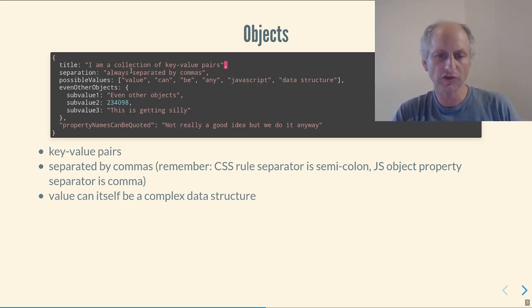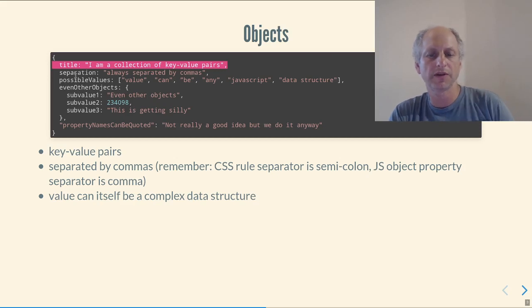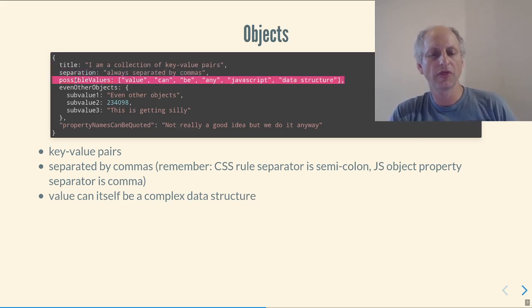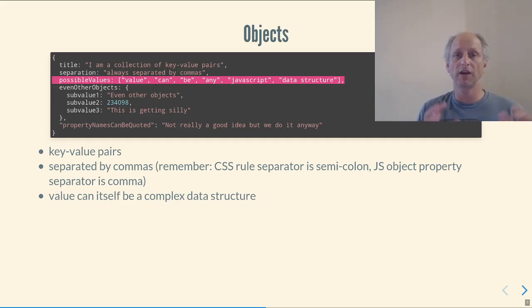Anyway, so we have here a first property, title, whose value is the string "I am a collection of key value pairs." The second property is separation, whose value is "always separated by commas." And then a third property, possible values, whose value is an array. So just like an element of an array can be an array, a property of an object can be an array.